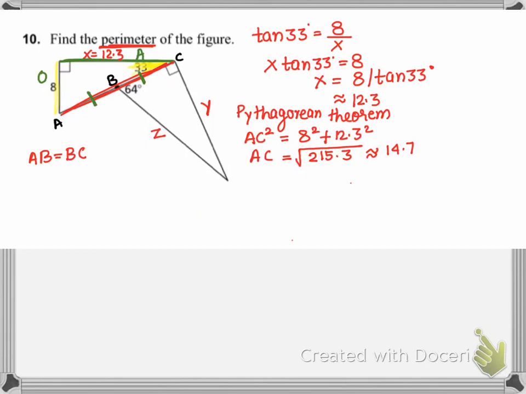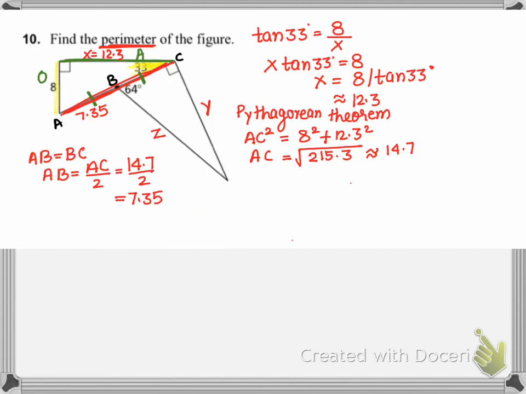There's same measurement. So if I need to just find AB, because when I find perimeter, I need AB. AB is AC over 2. And how much is AC? AC is 14.7 over 2. And 14.7 over 2 is equal to 7.35. So this is 7.35. This one is 7.35.